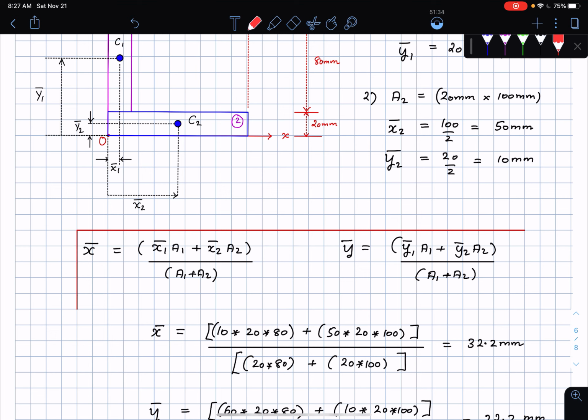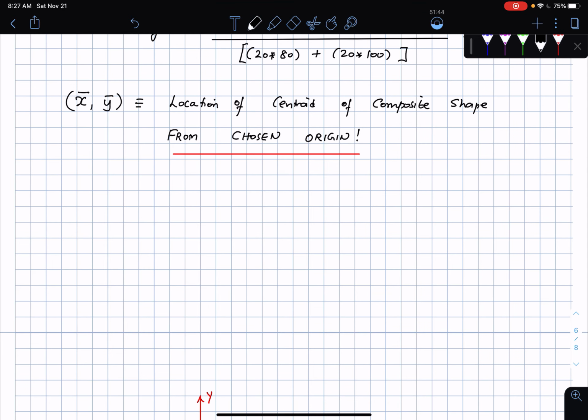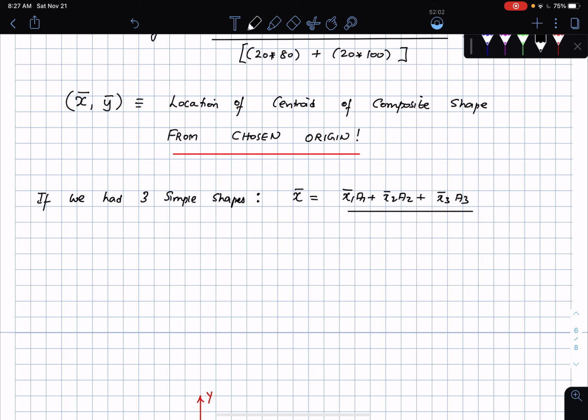Because we have only two shapes, we're using it 2 times. Typically you can use it as many number of times as you want. If you have 3 shapes, then you can use it 3 times. So for example, if we had 3 simple shapes, the formula would be x bar is x1 bar a1 plus x2 bar a2 plus x3 bar a3 divided by a1 plus a2 plus a3.